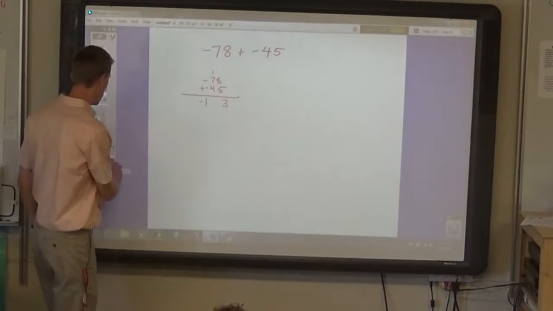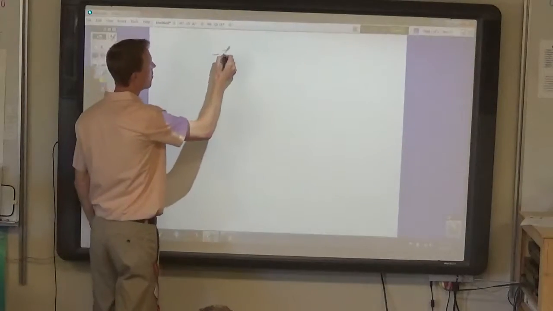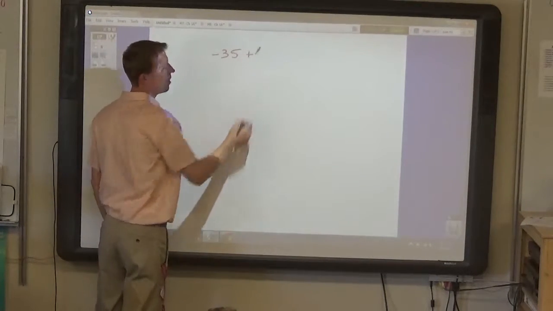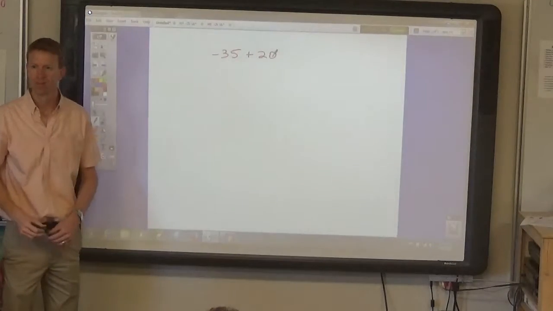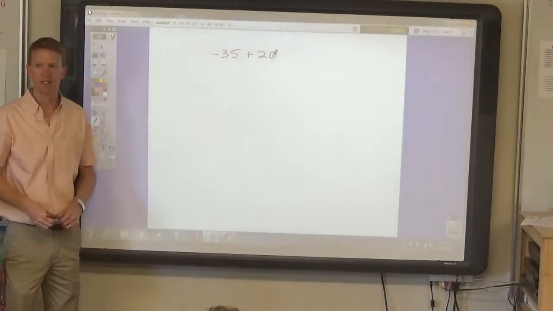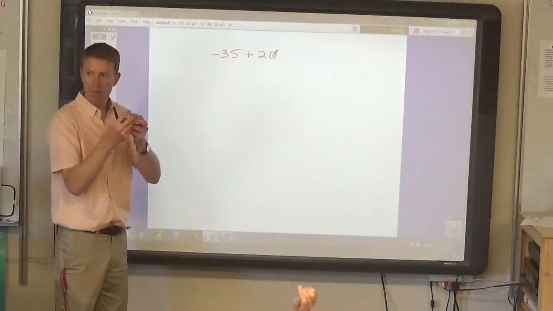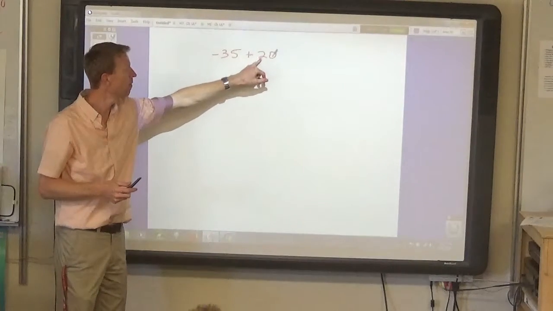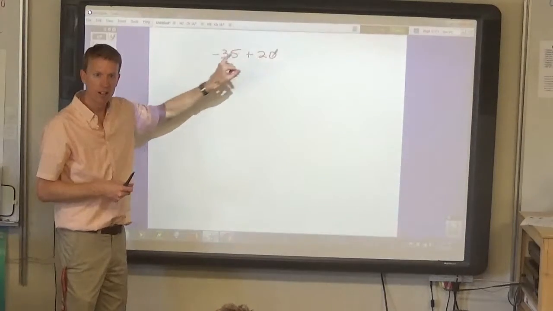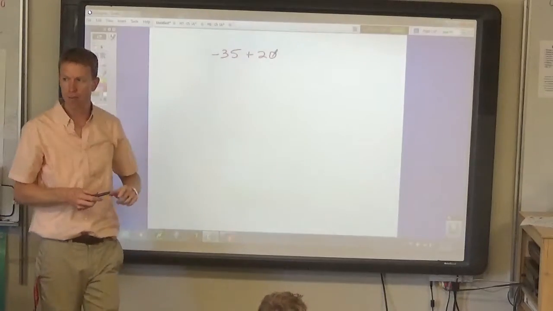And if you have one that is positive and one is negative, like negative 35 plus 20. Negative 35 plus 20. How would you find the answer to that? Would you add these two, or would you subtract them and write the sign of the bigger absolute value?